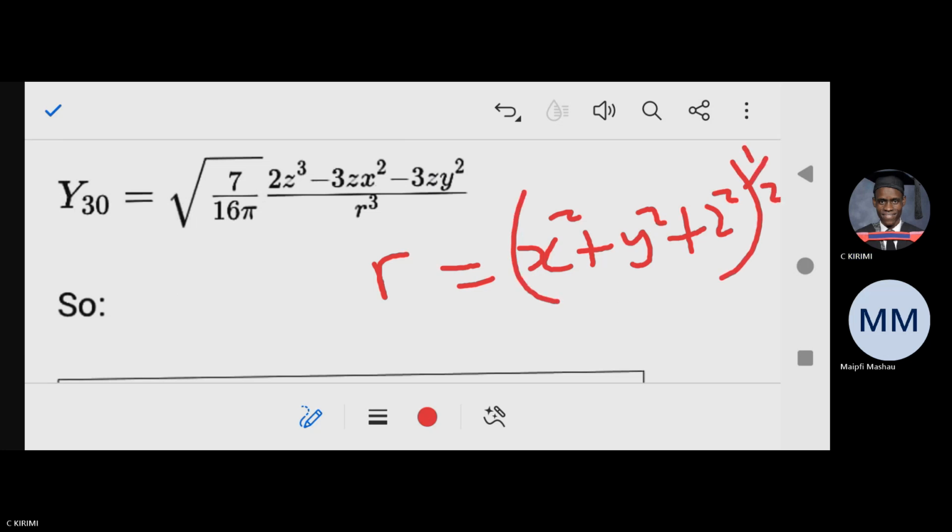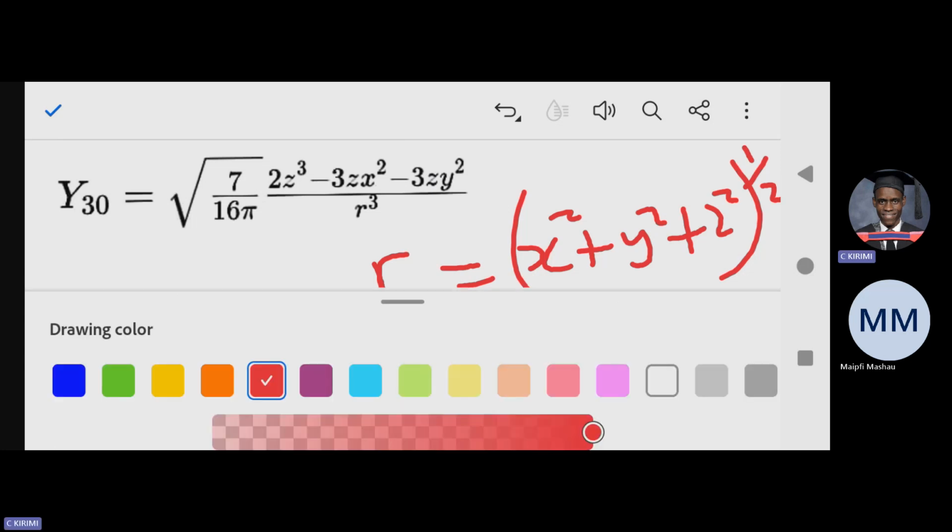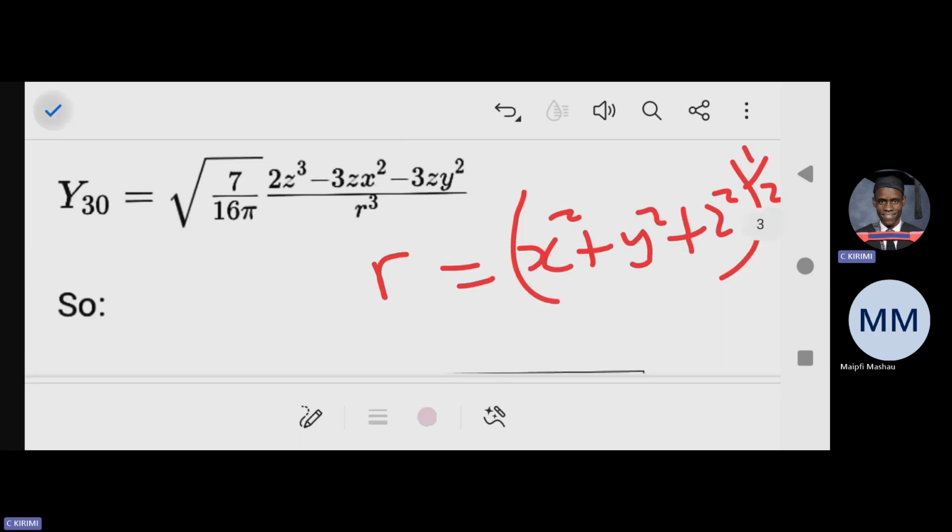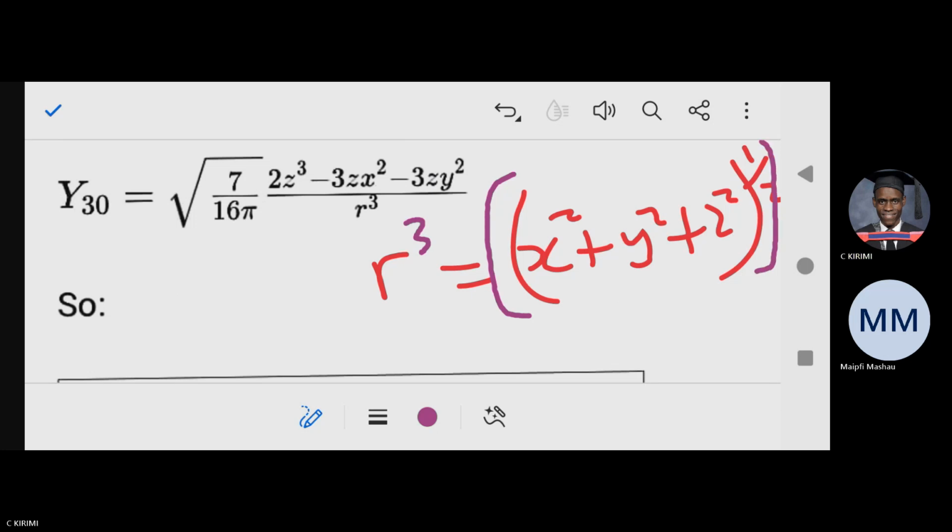Can you see? The power half. So if I multiply the left-hand side with a cube, also on the right I must introduce a cube.